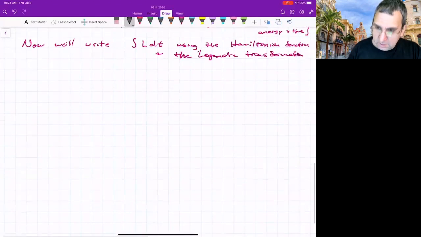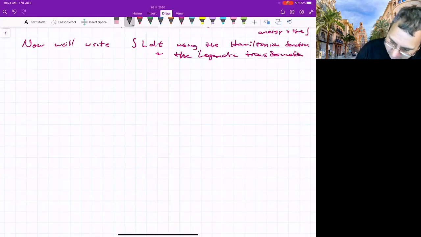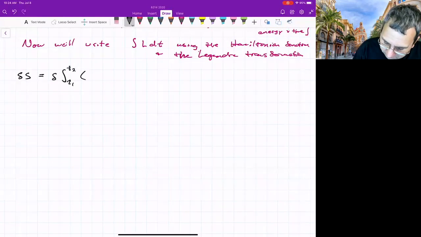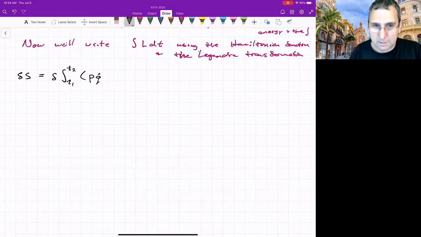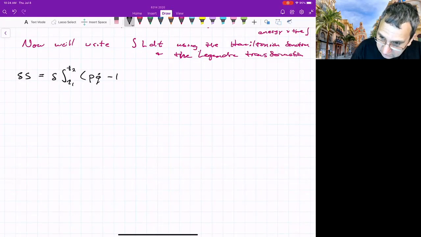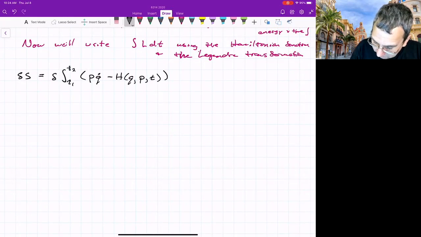We get delta S is delta integral over time of, now we're writing L, but using the Legendre transformation. So p q dot minus H(q, p), and we're going to allow the possibility the Hamiltonian depends on time.